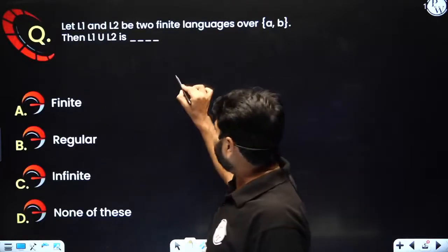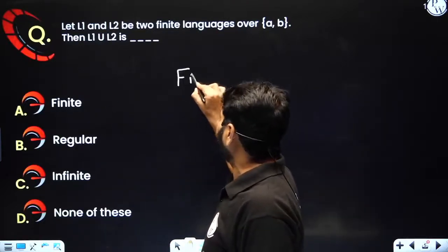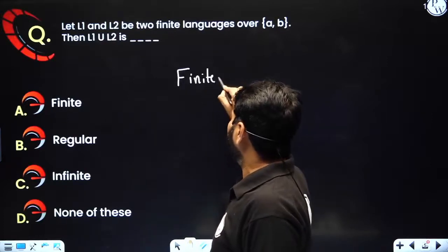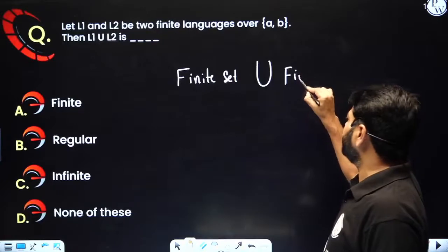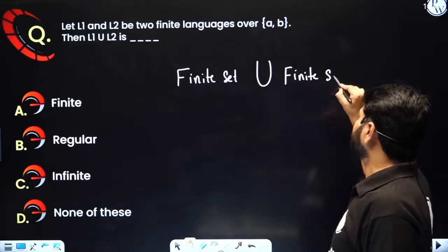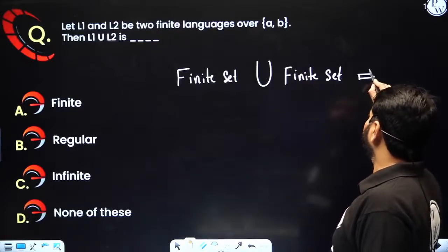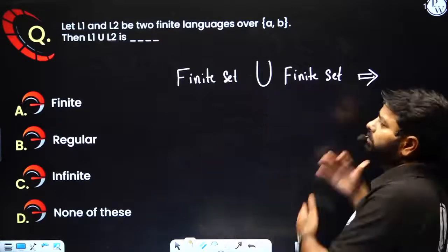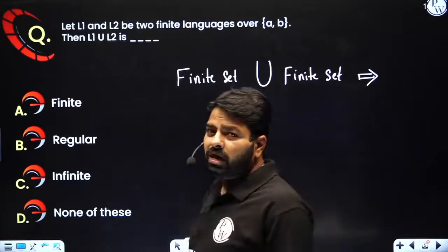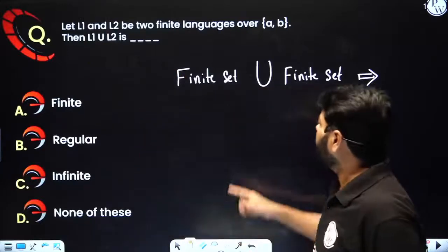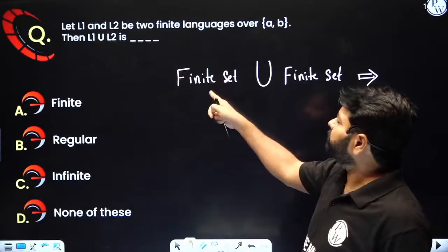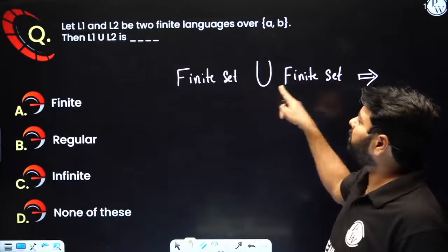Whenever I take a finite language union another finite language, you tell me what the result will be. I'm just talking about one direction, an if-then kind of statement. Now if L1 is finite and L2 is finite, what is L1 union L2?